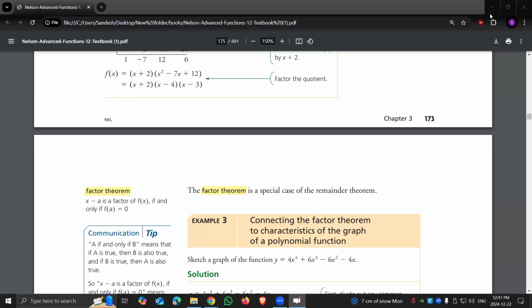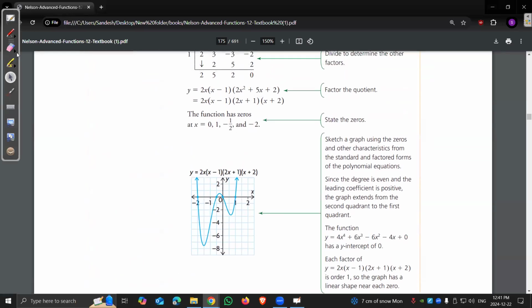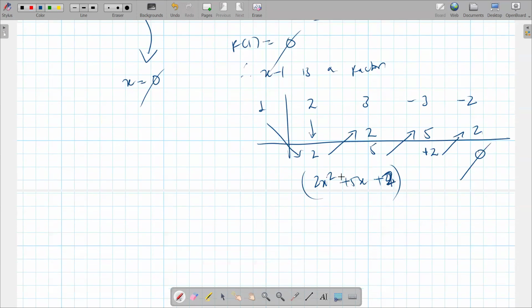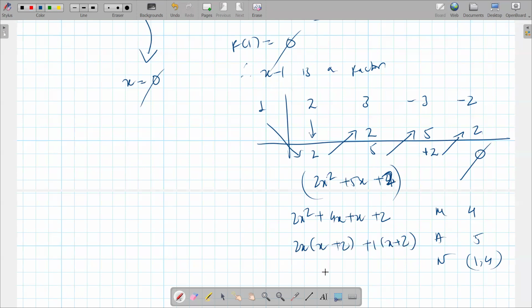And I don't know if that's factorable. I'm going to cheat. Turns out it is. So two numbers that multiply to 4 and add to 5 are 1 and 4. So then you have 2x squared plus 4x plus x plus 2. And then you can factor this two terms at a time, like that.